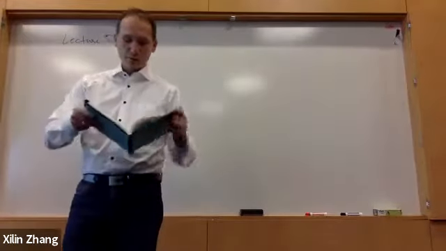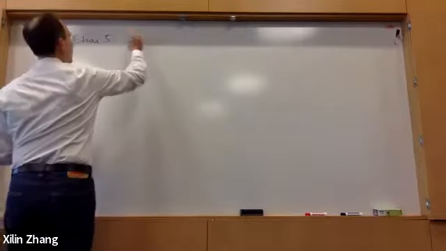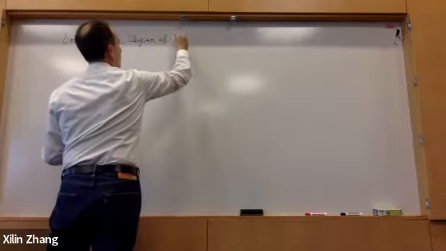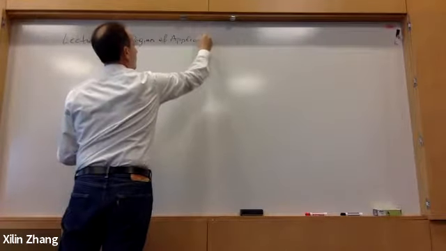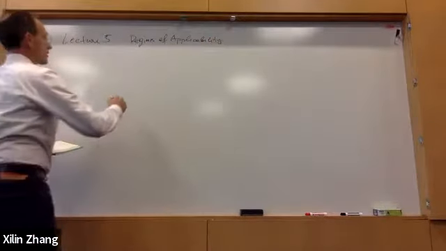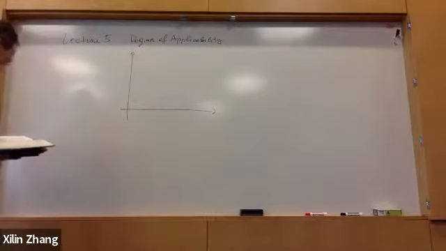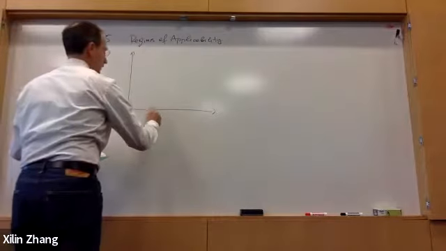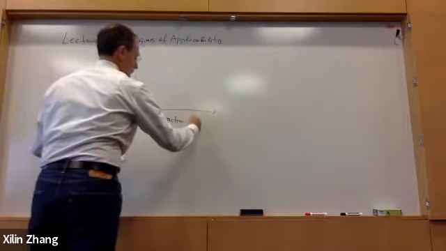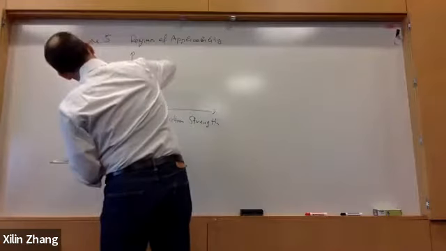So I would like to talk about regimes of applicability of various approaches. I will have a 2-axis diagram where on the lower part I will write down the interaction strength, and on the vertical axis, I will write down the gradient strength.